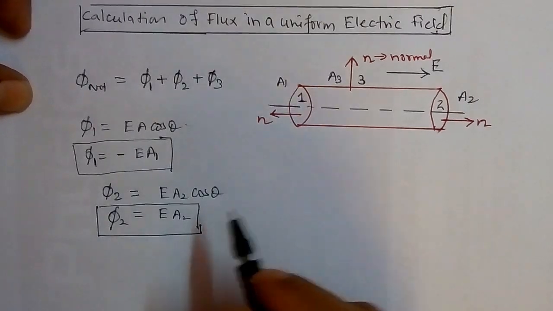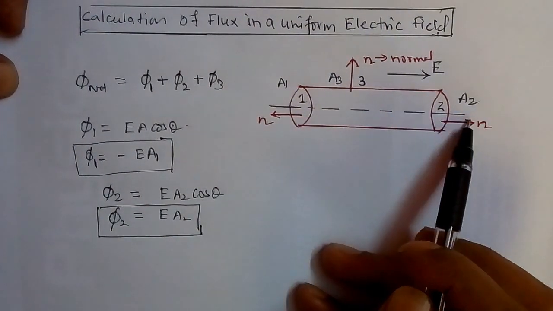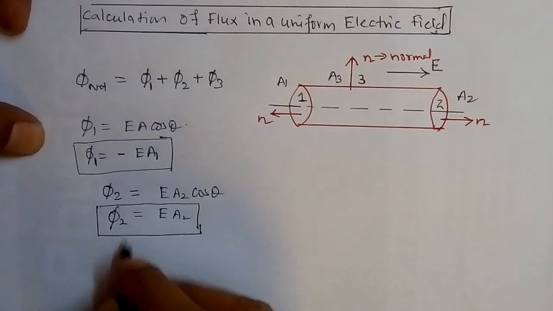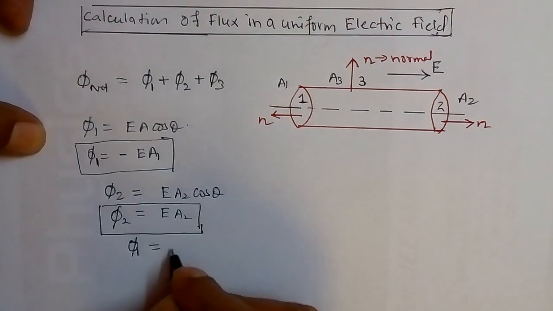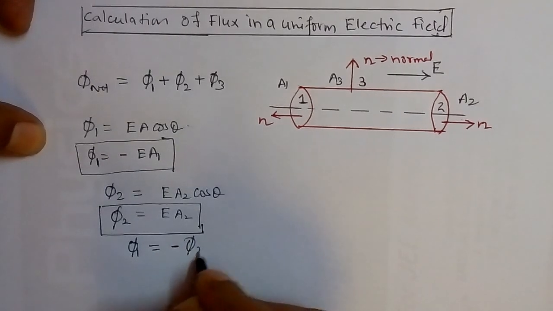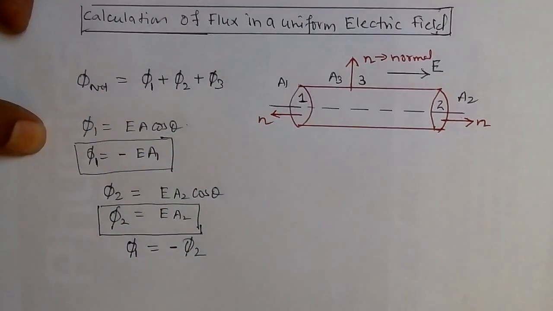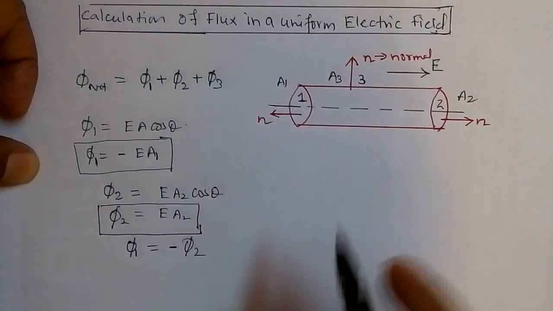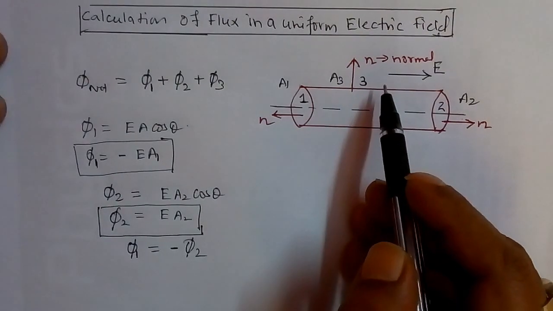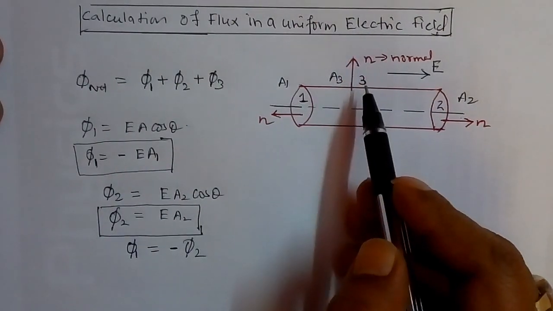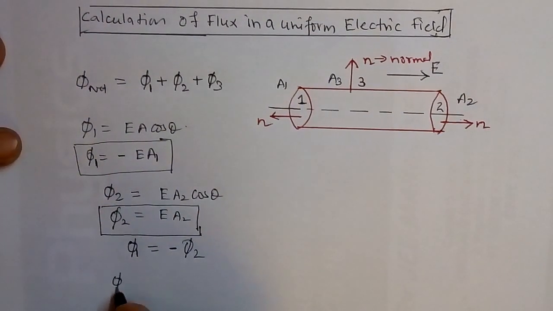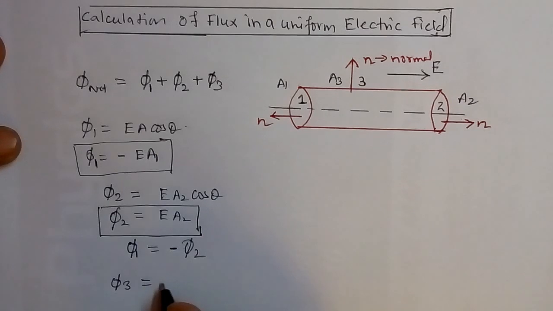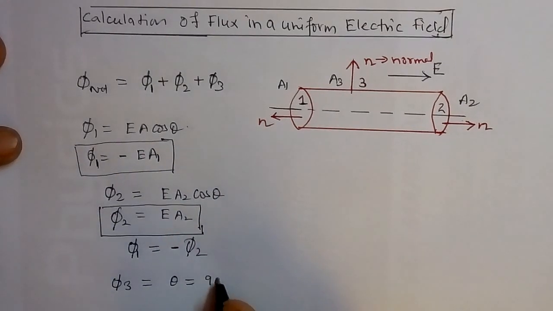Now students, as we have seen, areas A1 and A2 are equal, so we can write phi 1 equals negative of phi 2, simply due to the direction. Now students, for the third surface we can see the normal is actually perpendicular to the electric field E. So for phi 3 we can choose theta equals 90 degrees.